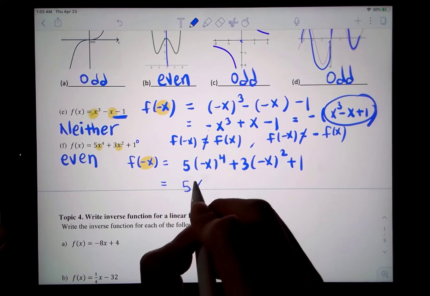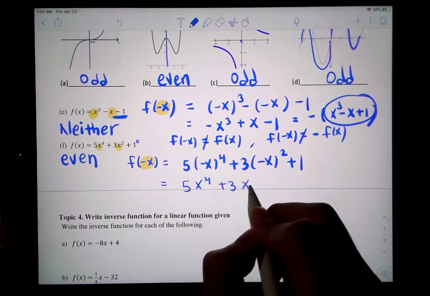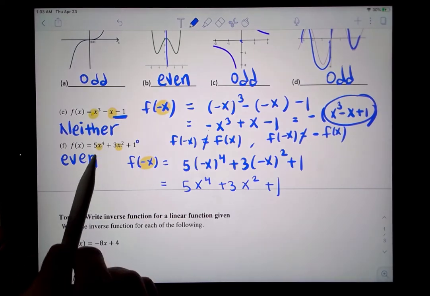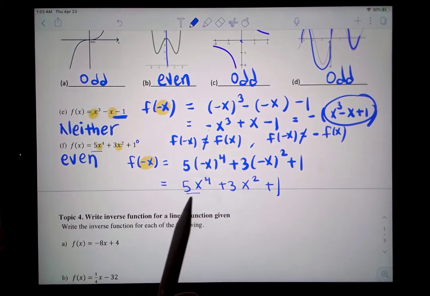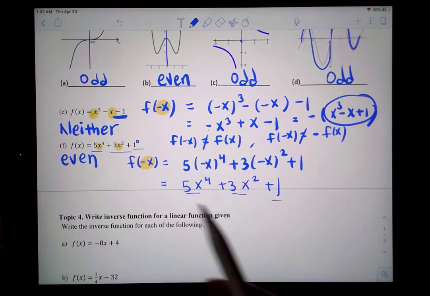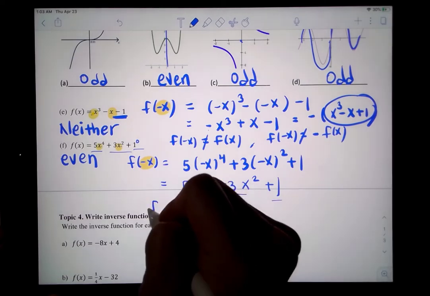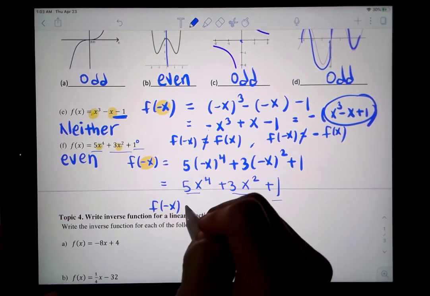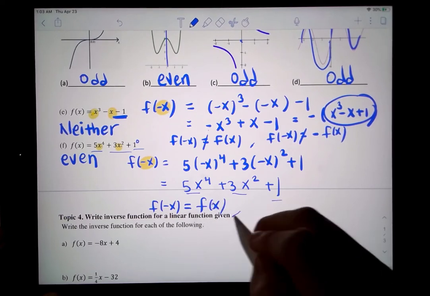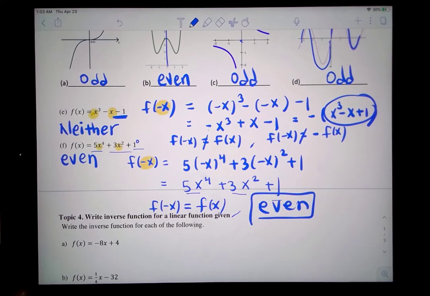So 5x to the 4, and 3x squared plus 1. And look, guys, 5x to the 4 plus 3x squared plus 1, you get exactly the same thing. So I can say I tried this, but I got f of x. That's exactly the same, so that is even. You can prove it like this.